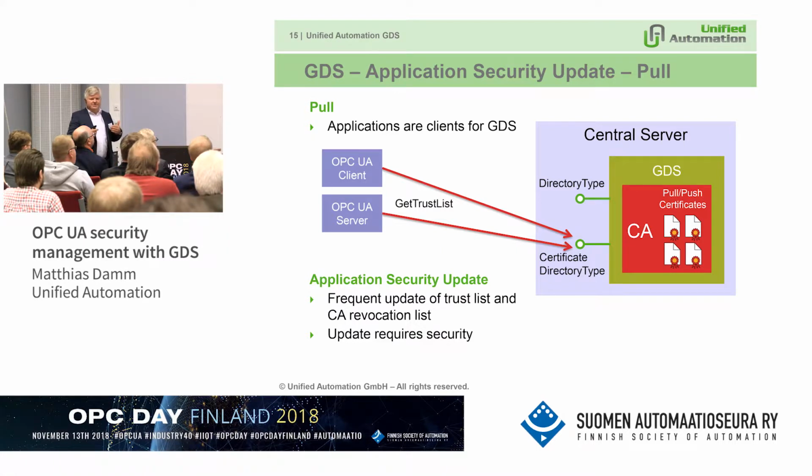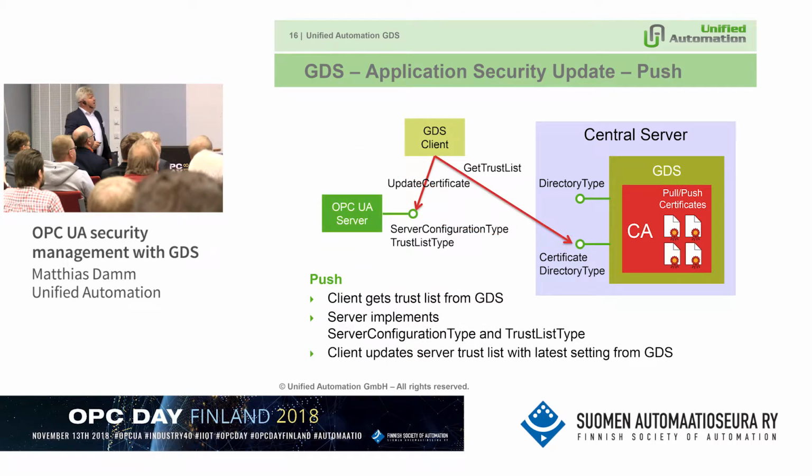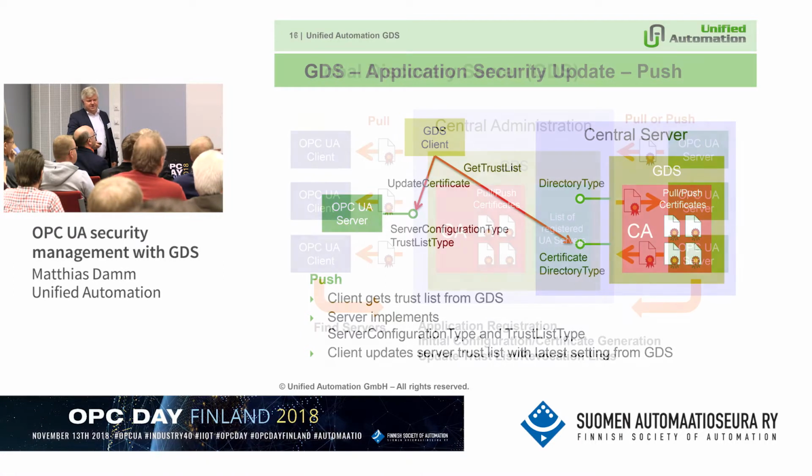So the applications pull updates from the server. But if you have a server that has no client functionality at all, we also define the interface on the server side, where a tool can push these updates and the signed certificates into the server, and that's what we call the push model in the GDS.